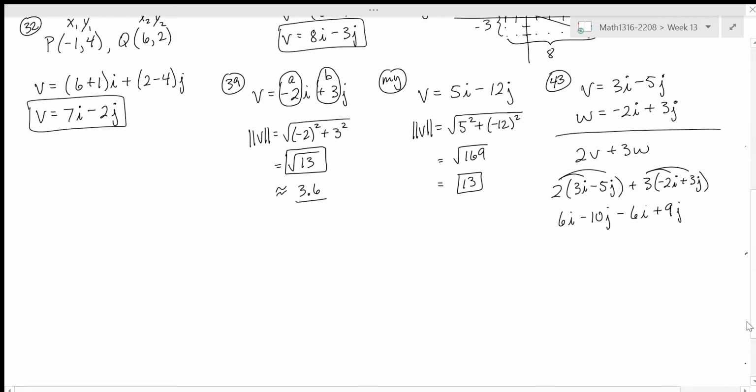just combine like terms. Uh-oh, this problem is about to go blind. Y'all see, it's about to go blind. You know what I'm talking about? Yeah, you're not going to have any eyes. What about negative 10j plus 9j?